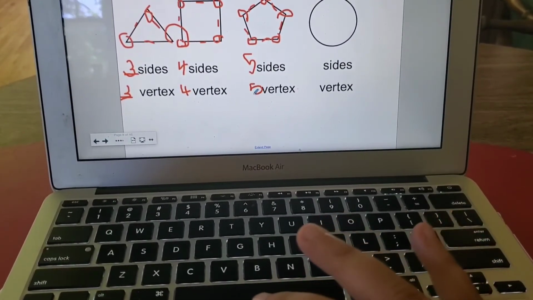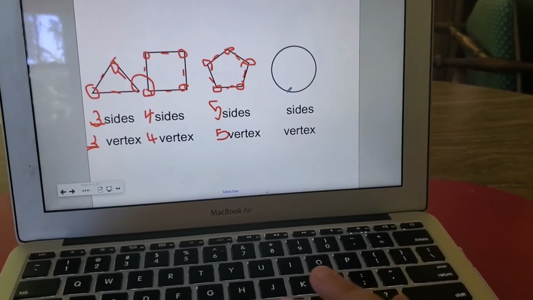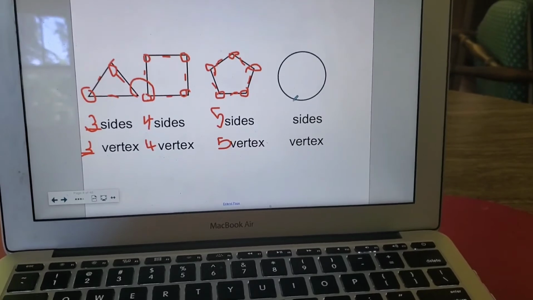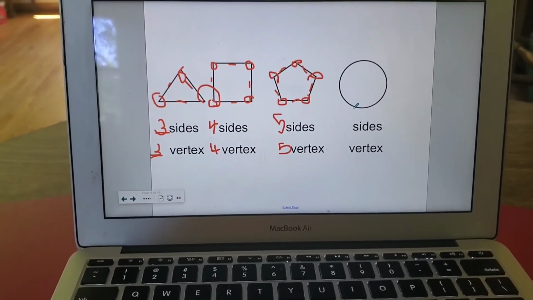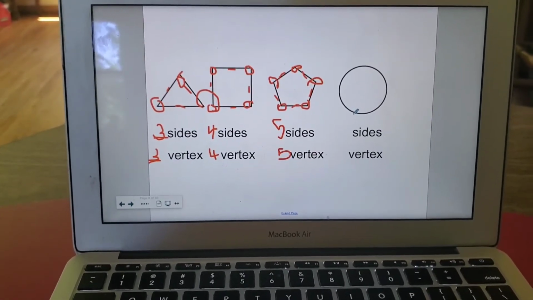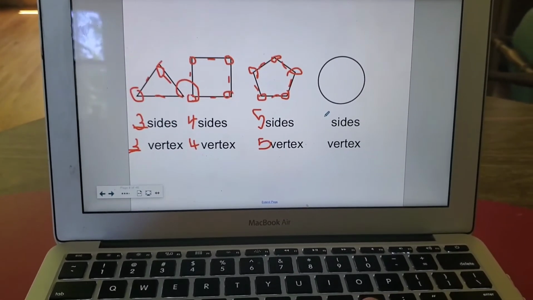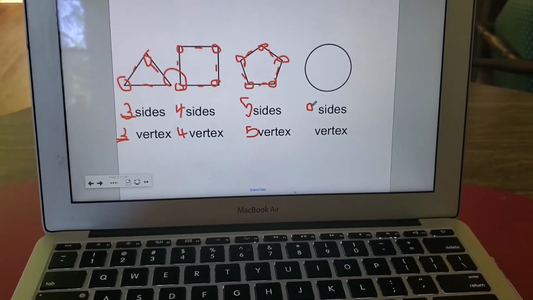All right, so now let's look at the circle. Now remember, sides means that there are straight lines. Does a circle have a straight line? No, it doesn't. So it has 0 sides.